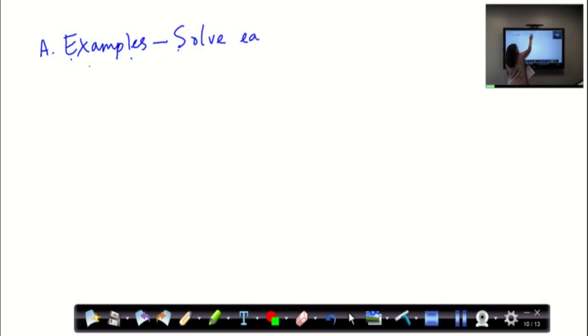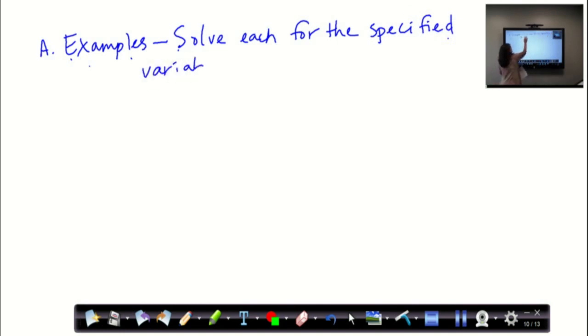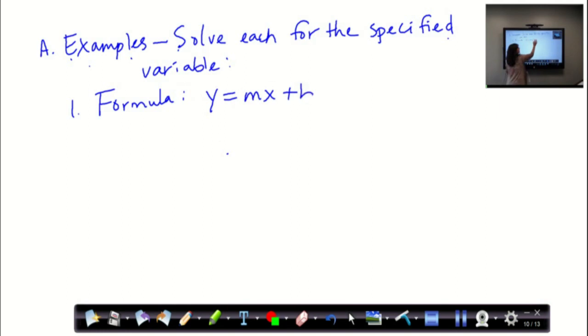I'm going to solve each for the specified variable. And my first formula is going to be y equals mx plus b. And I'm going to solve this for x.